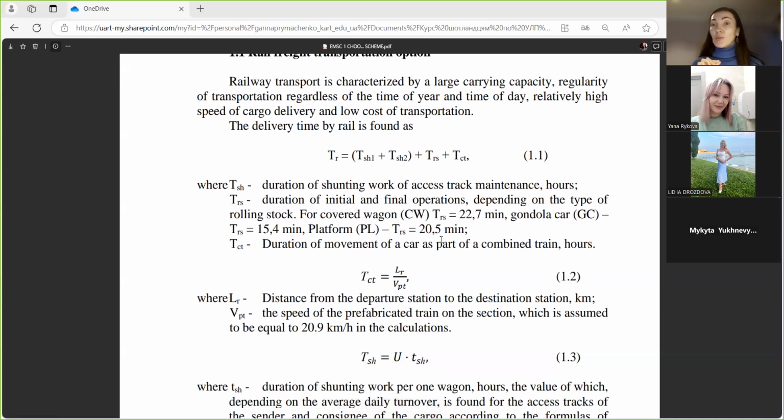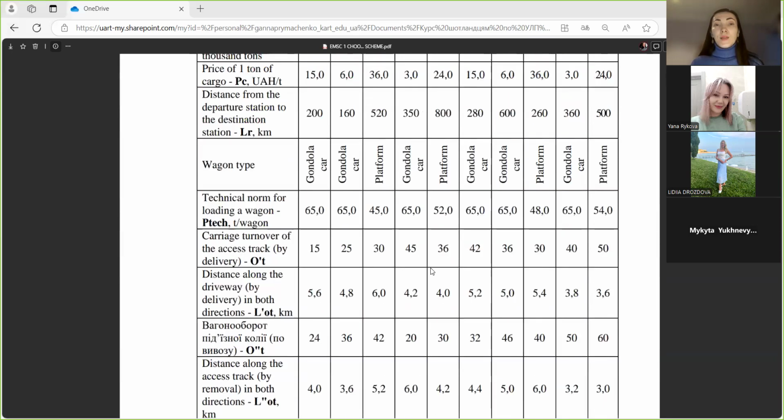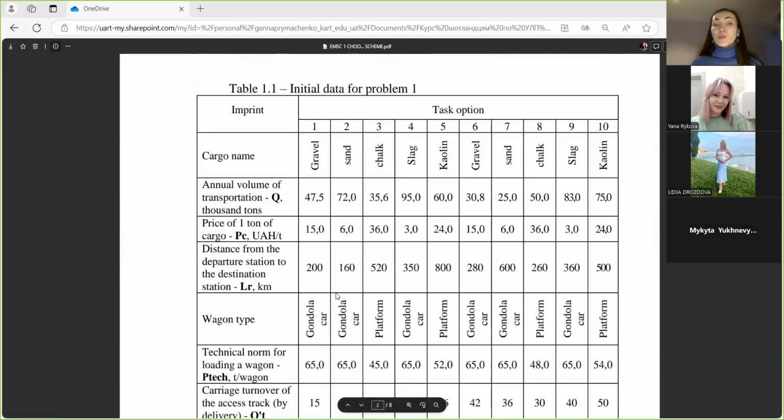Now I open table 1.1 and you find your type of wagons and you can choose this time. For example, the first variant is a gondola car. The third variant is a platform. Five variants it's a platform. Please find your variant and remember which type of wagon is yours. We used in all variants only two types of wagons.